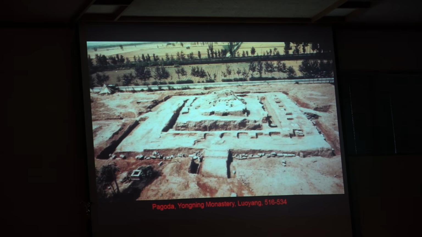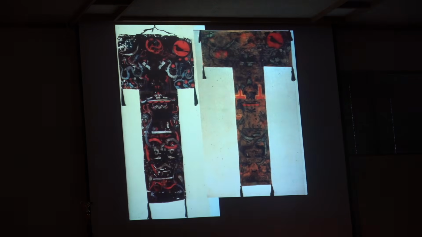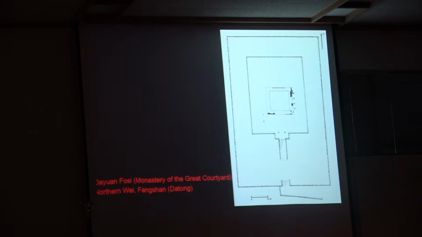The second type of monastery has a date of 516. It's constructed in the city of Luoyang, which becomes the Buddhist capital. I've already said this a couple times. In 493, the monastery burns in 534. What the pagoda looks like is what this pagoda looked like.